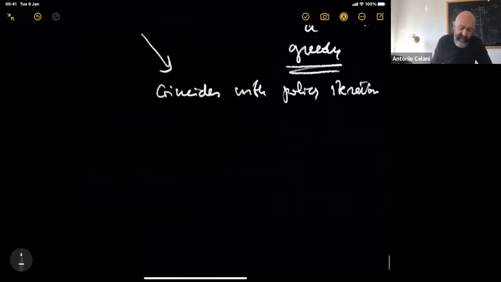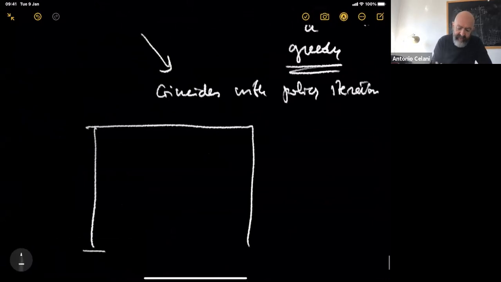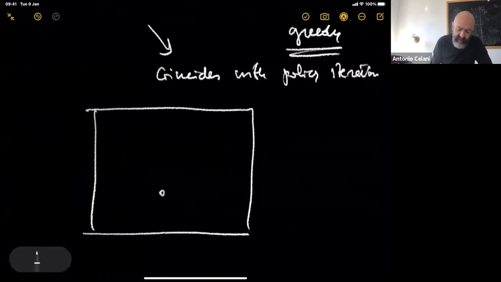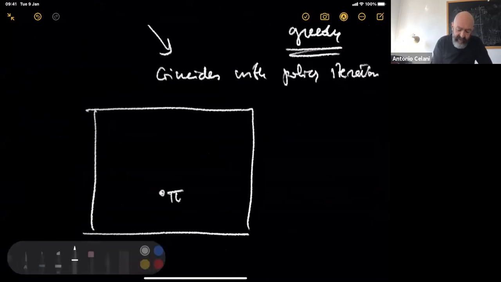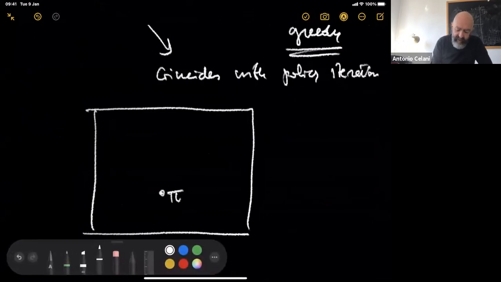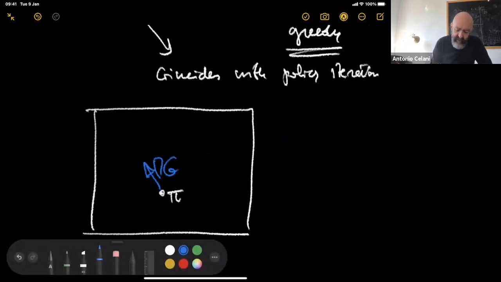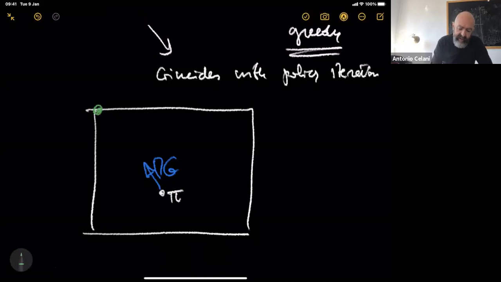Let's make a graphical summary of what is happening here. This is our policy space. Suppose we start with a pi. This is my gradient of G. Then if beta is infinity, I just go to the corner here, and then the corner here, and then the corner here.